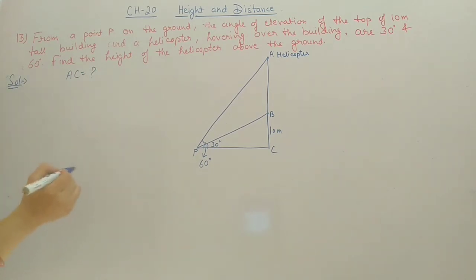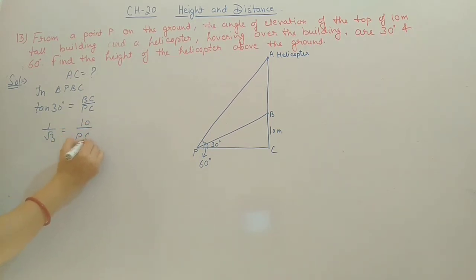Now first we will take this triangle PBC. In triangle PBC, tan 30 is equal to height by base. The value of tan 30 is 1 by root 3. Height BC is given 10 meter and PC we don't know.